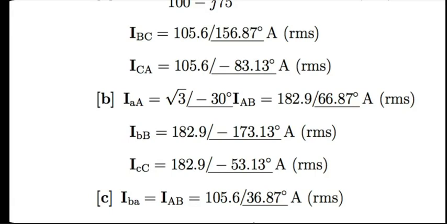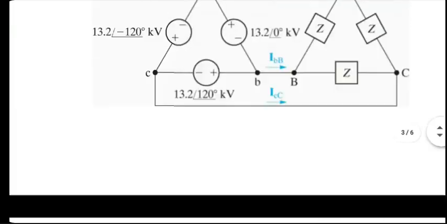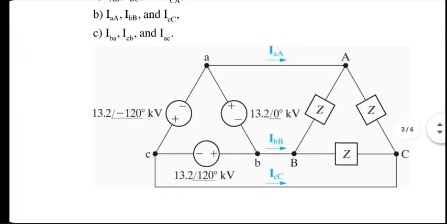Then you got to calculate. Actually, what they have done is they have used the well-known formulas, which I proved in my document, square root of 3 and 30 degree phase shift. But ideally speaking, you should be calculating current in the branch small a, small c, by dividing 13.2 kilovolt with minus 120 degree phase shift with Z. And same thing for the other two phases on the generator side.